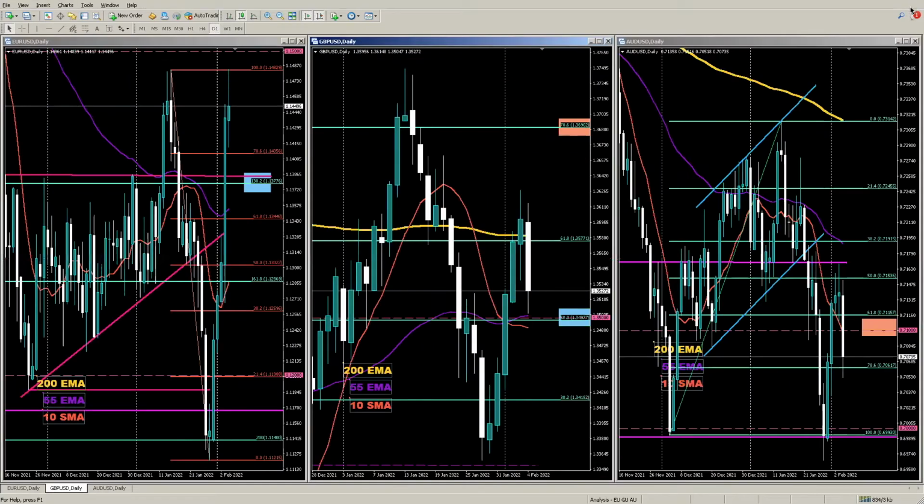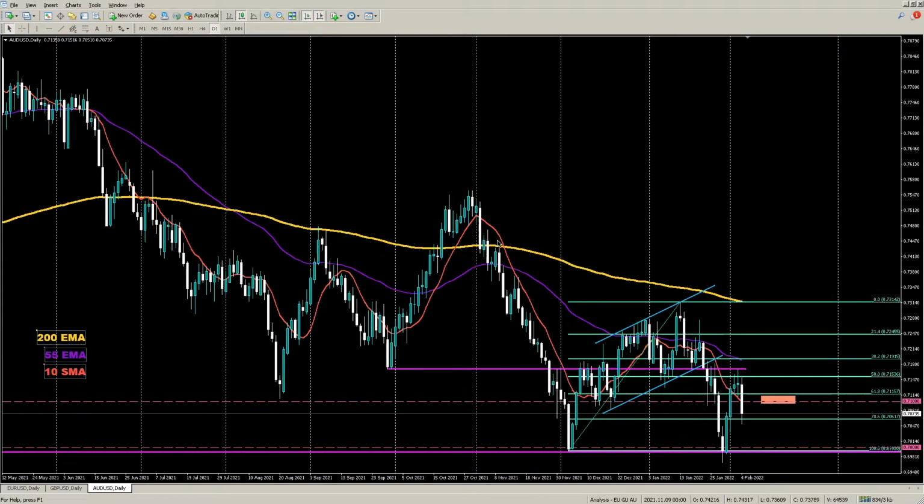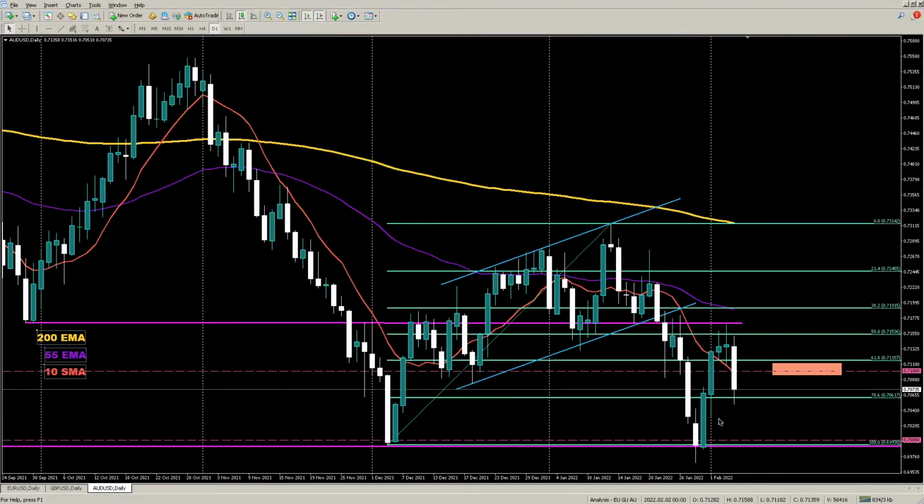Okay, let's move on to the Aussie dollar. The Aussie dollar did have a central bank decision as well on Tuesday. This was the trigger from the RBA, which did not raise any rates, but did mention that there is still opportunity for a possible rate hike later in the year, and traders are probably looking at the second half, perhaps in August.